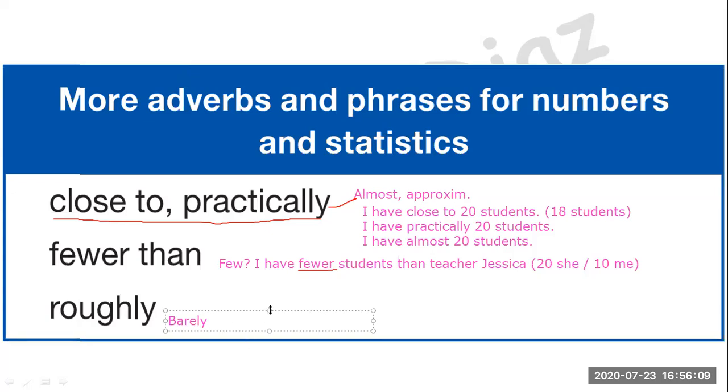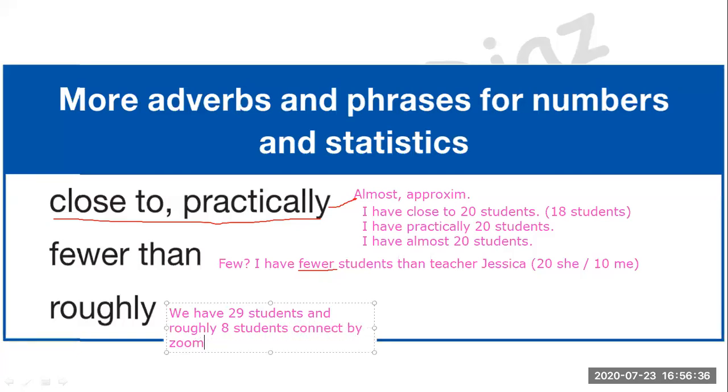Okay, so when I say roughly, imagine what's happening in this class. We have 29 students, and roughly, we are now 8 students connected by Zoom, right?